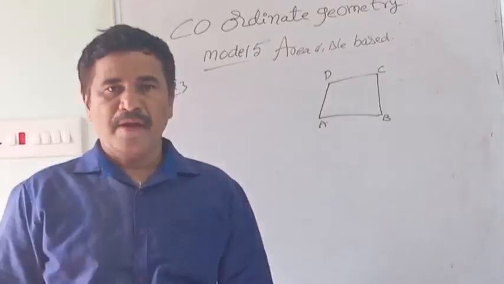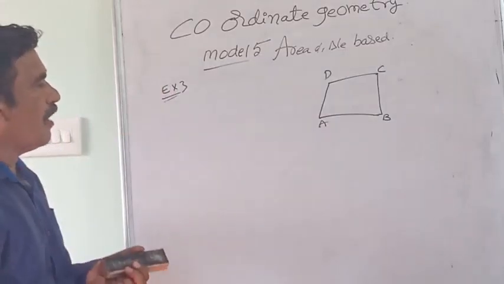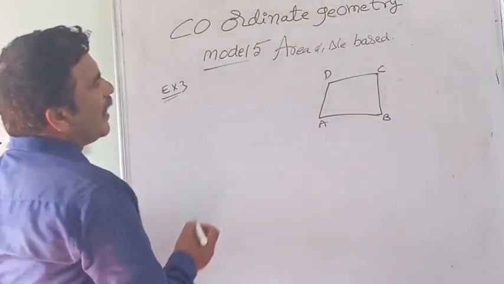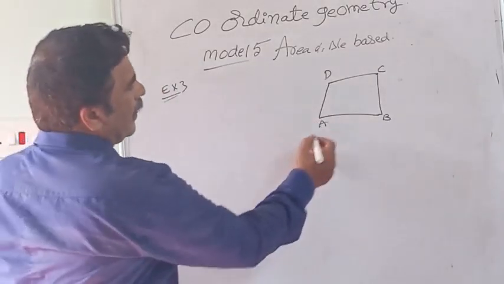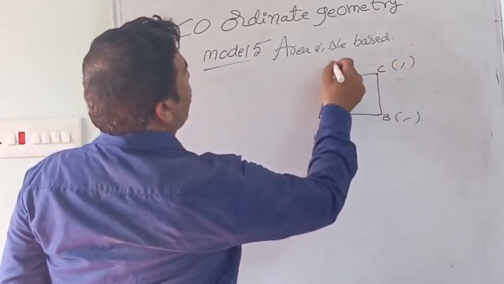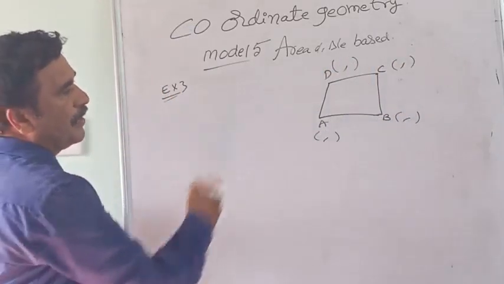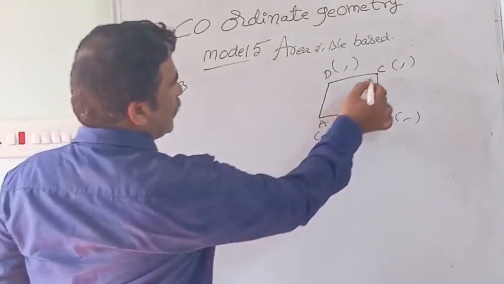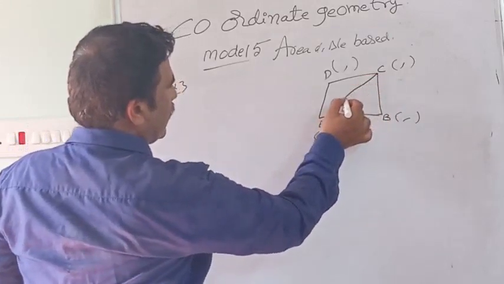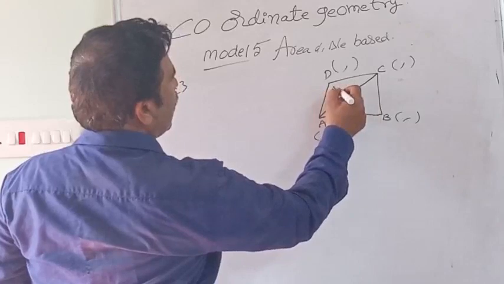Okay. Now example 3 in this area based formula. See, find area of quadrilateral. He will give point A, point B, point C, point D. Find area of quadrilateral. He gives 4 points. What to do is, cut this quadrilateral into 2 triangles. This is triangle 1, this is triangle 2.